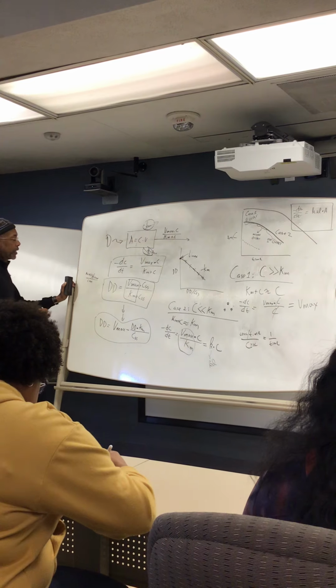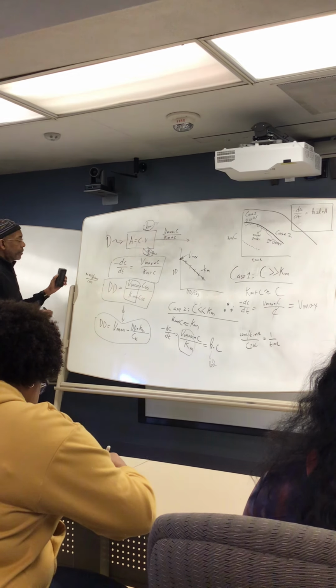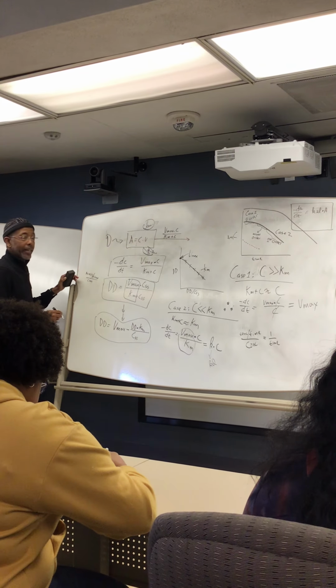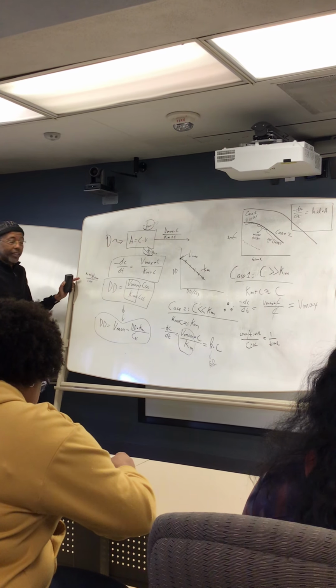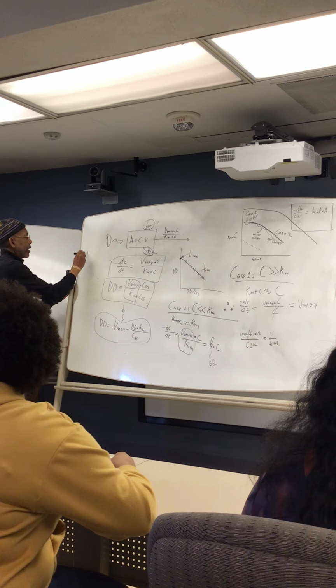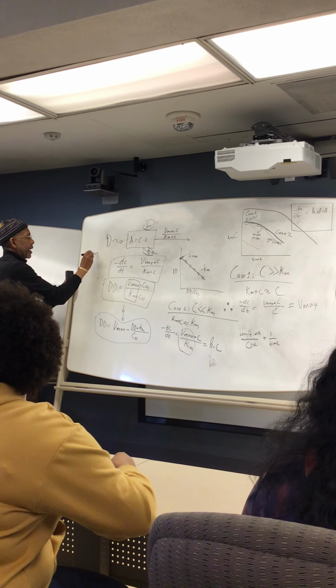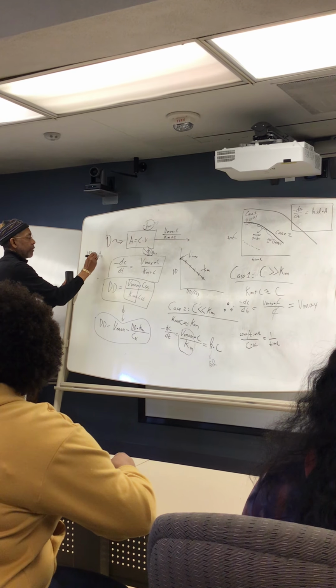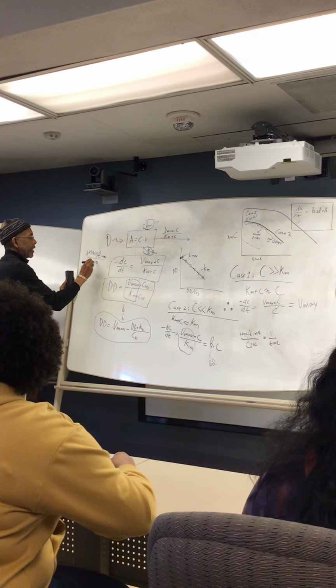Km is a concentration. It's kind of hard to see the way I did it. I'm writing way too small, and I apologize to those in the back. Mass over time, and I divide by concentration.